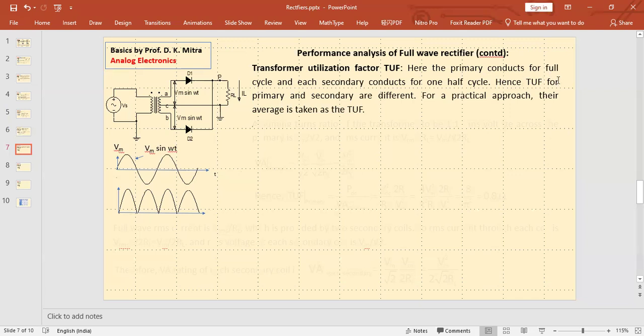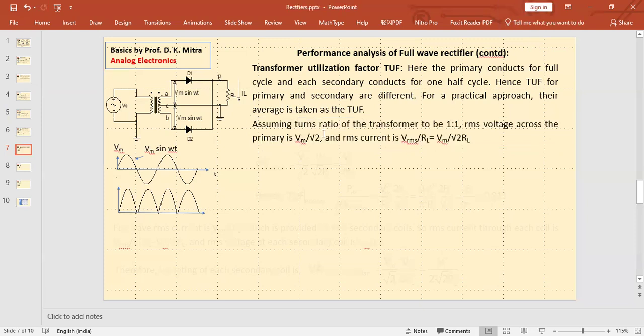Hence, transformer utilization factor for primary and secondary are different. So, what is the transformer utilization factor of the whole transformer? We always take a practical average. Now, let's see how we calculate this average.